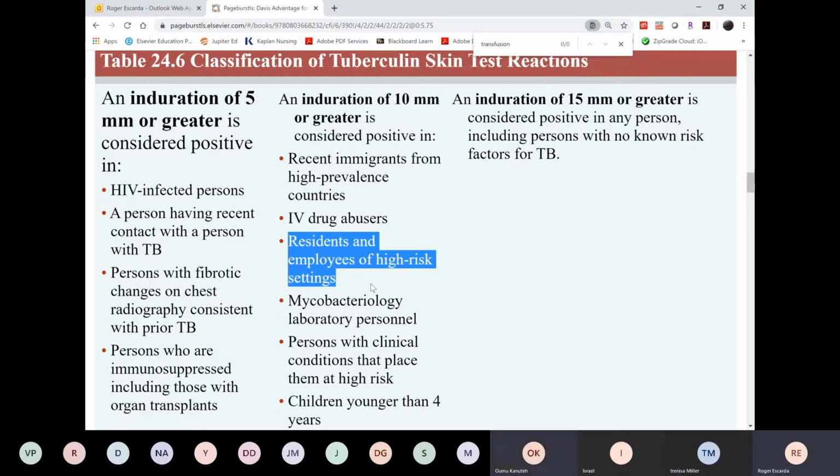Okay. What about Danielle? Where are you? Are you 5, 10, or 15? I don't know. I guess potentially I would fall under 10, because as an employee, even though I'm not in the hospital, I'm a massage therapist, so I'm still working on a ton of bodies. Okay, that's correct. You are a 10.